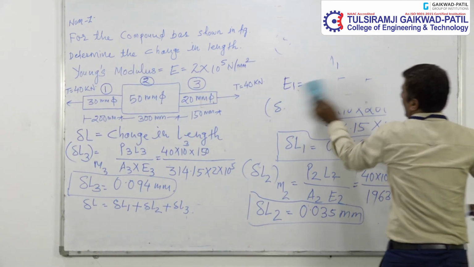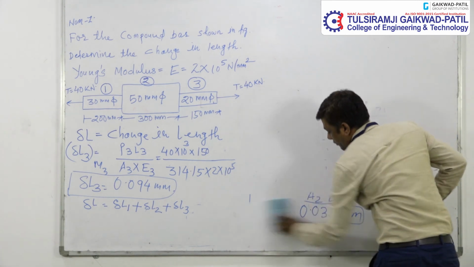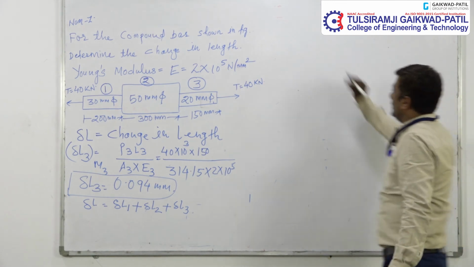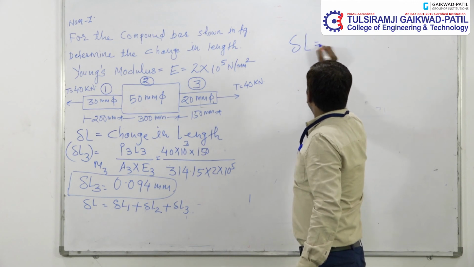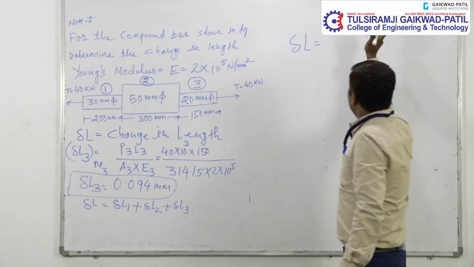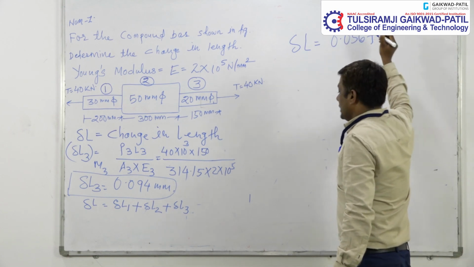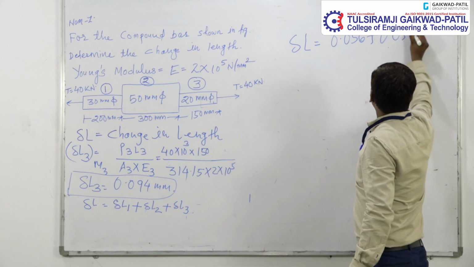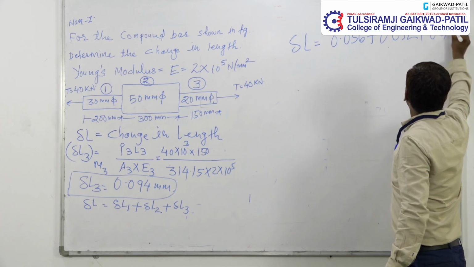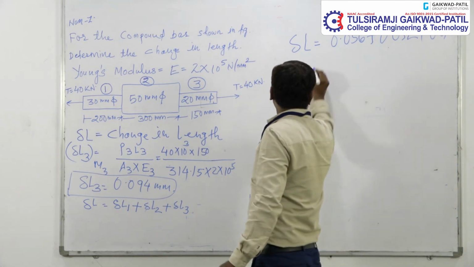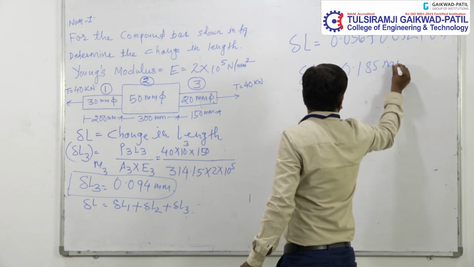So delta L1 plus delta L2 plus delta L3, we will get the final value of delta L. So now in this formula we are going to put the values. Delta L1 is 0.056 plus delta L2 is 0.032 and delta L3 is 0.095. So approximately the final change in the length you will get as 0.185 mm.